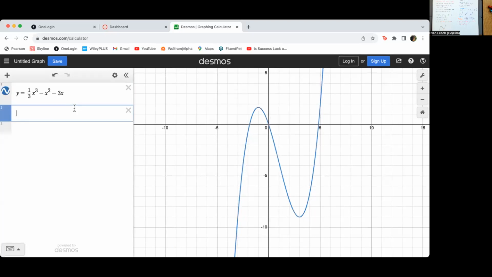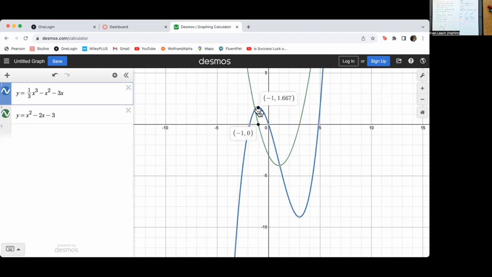And if I drop the derivative on here, what is it? X squared minus 2x minus 3. We see that when the derivative is 0, the function is flat.